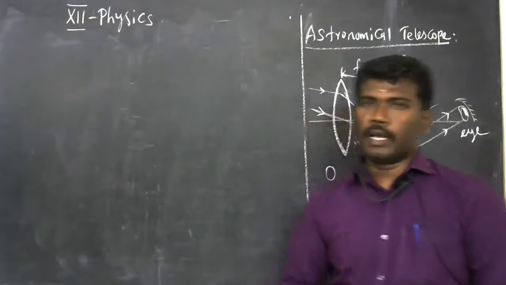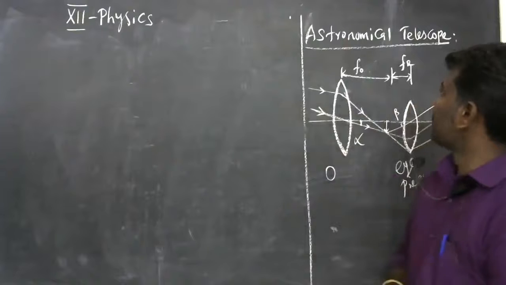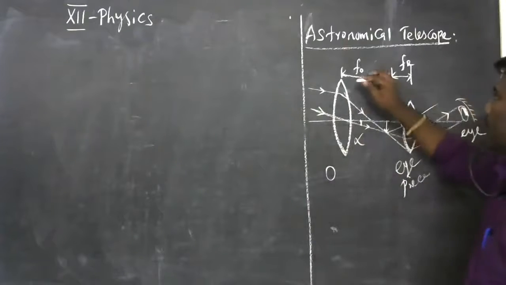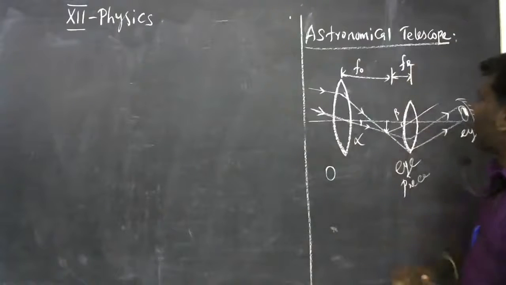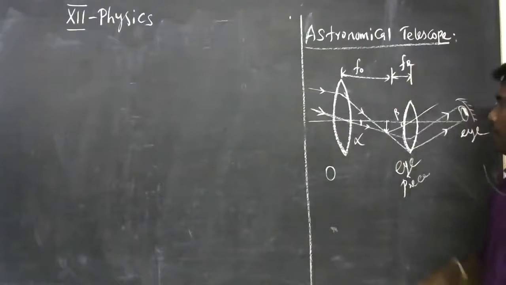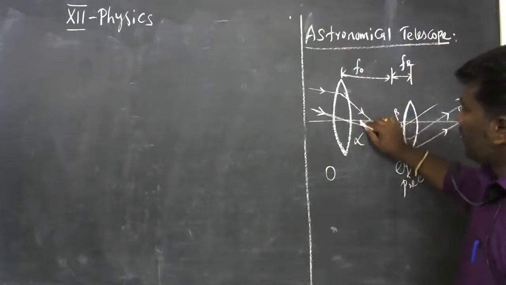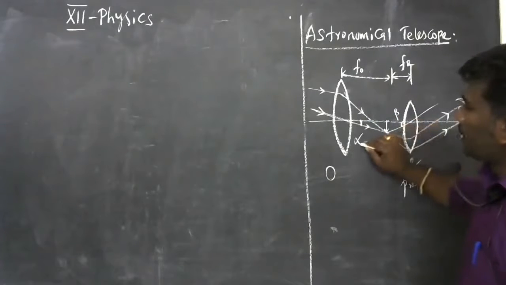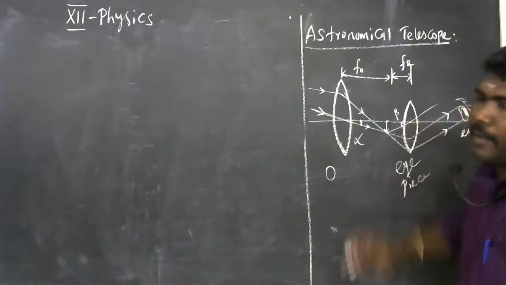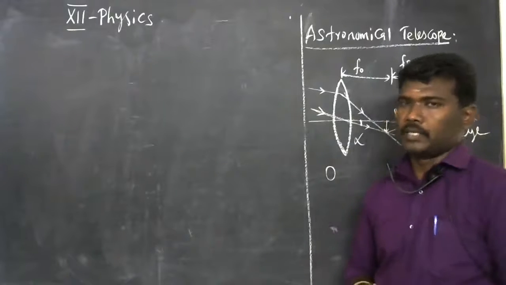Finally we get the inverted image in the astronomical telescope. Here f0 is the focal length of the objective and fe is the focal length of the eyepiece. Now I noted the angles: this is alpha, this one is beta. The angle subtended by the object is alpha, and the angle subtended by the image is beta.